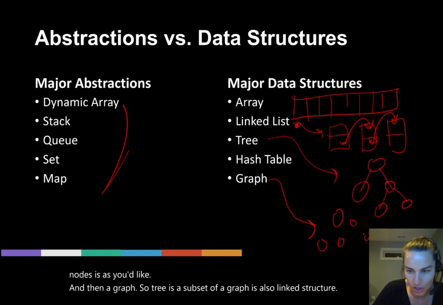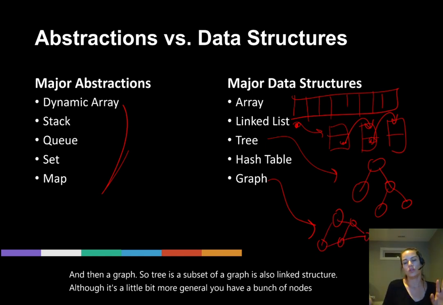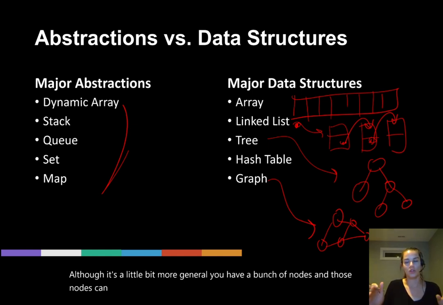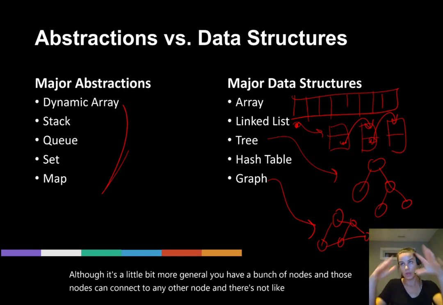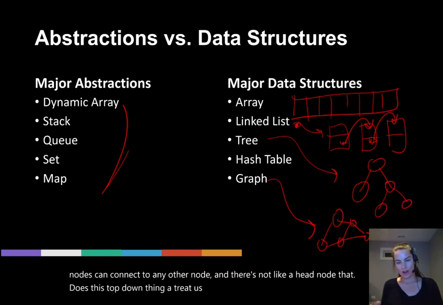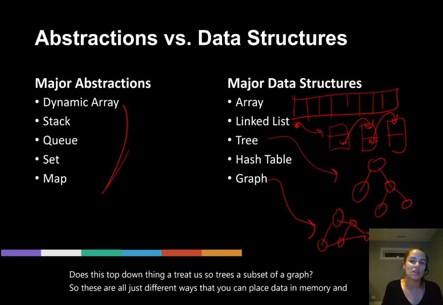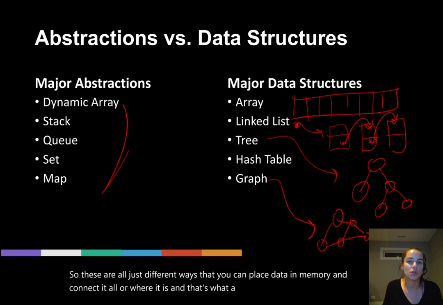Although it's a little bit more general, you have a bunch of nodes, and those nodes can connect to any other node, and there's not a head node that does this top-down thing like a tree does. So a tree is a subset of a graph. So these are all just different ways that you can place data in memory and connect it all or know where it is. And that's what a data structure is, and that's what we're going to learn about.